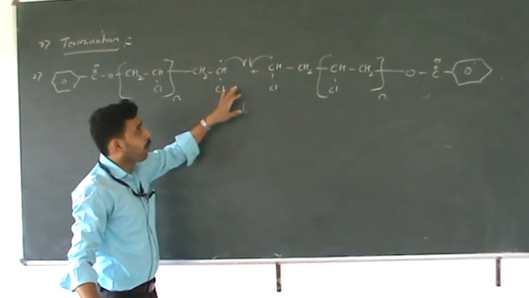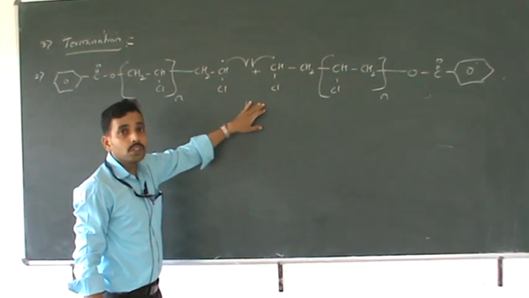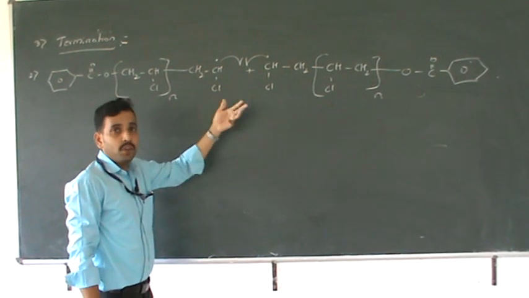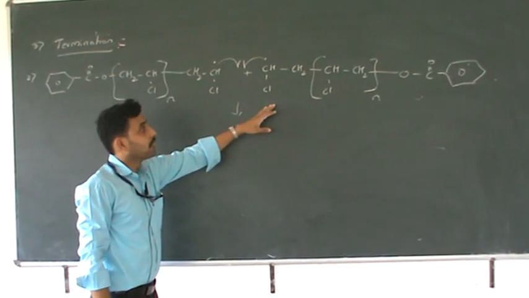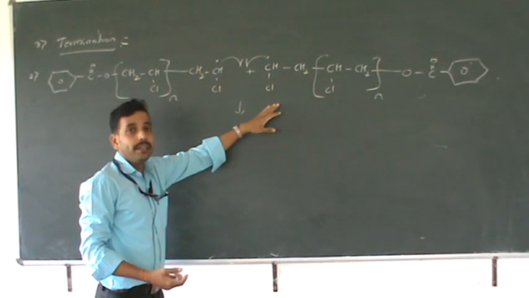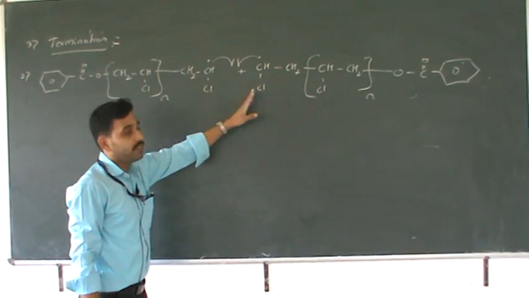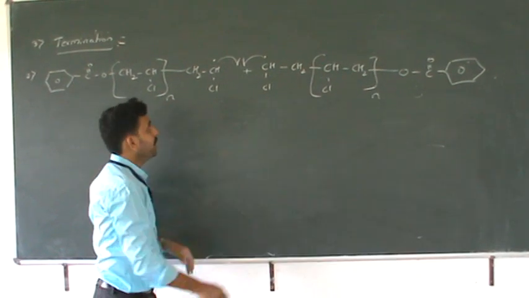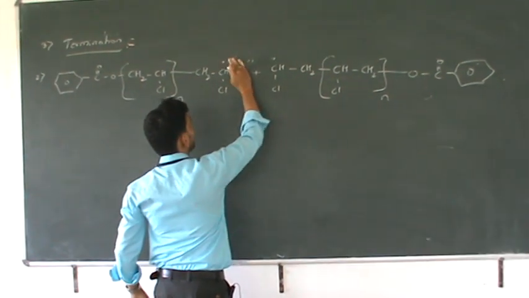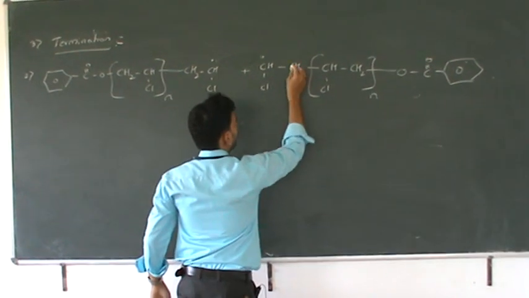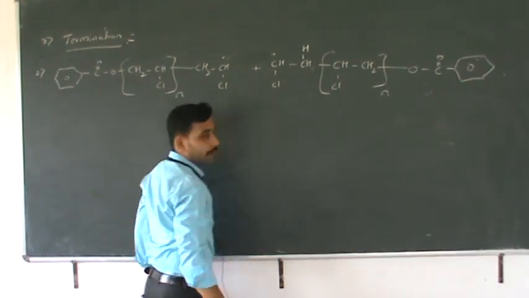the two growing polymer chains. Because more free radicals are generated, a greater number of growing polymer chains can develop in the reaction mechanism. The collision of these two growing polymer chains. So in here, the second concept is written in the form of this.